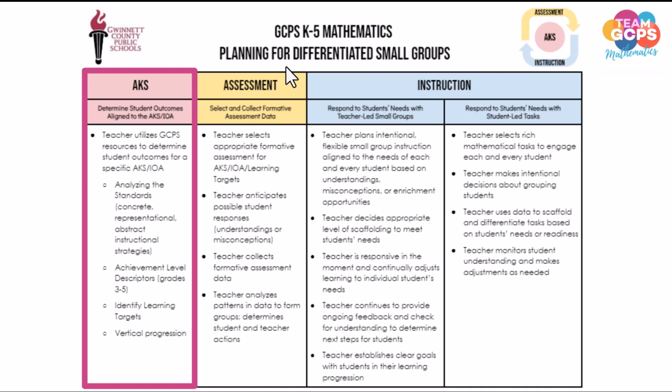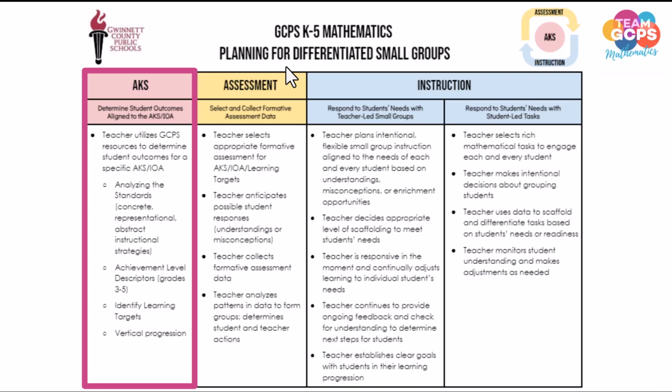As always, we begin both traditional lessons and task-based lessons with understanding of the AKS and IOAs. Using the GCPS resources, teachers will determine specific student outcomes by analyzing the standards and the IOAs. If you're in grades 3 through 5, you'll consider the achievement level descriptors.